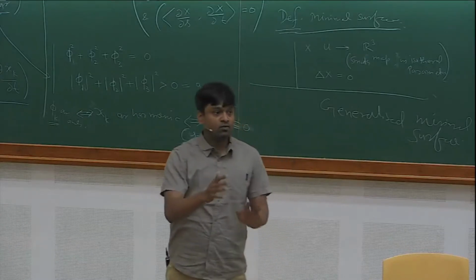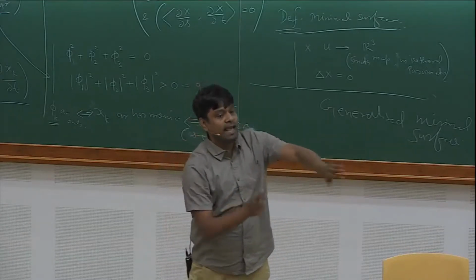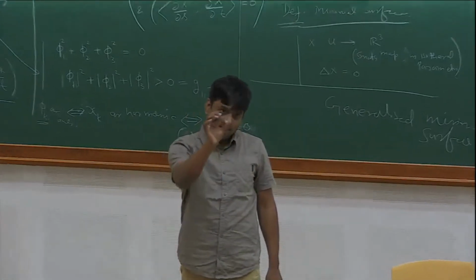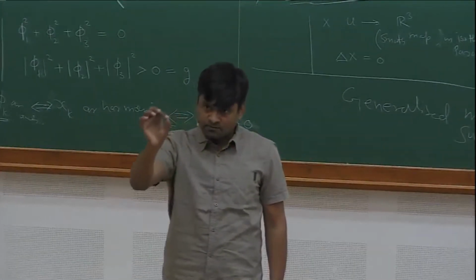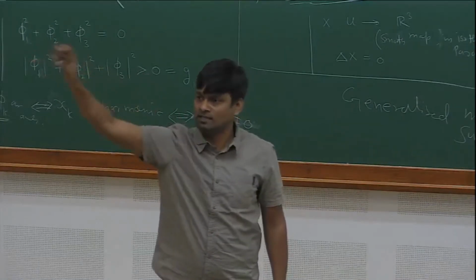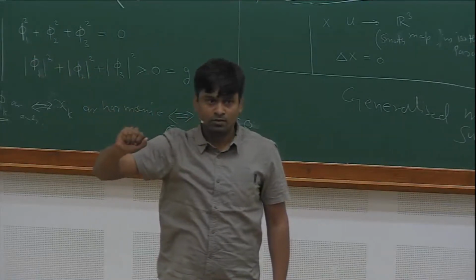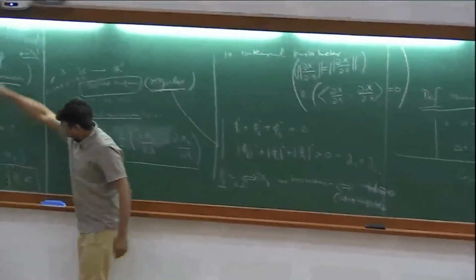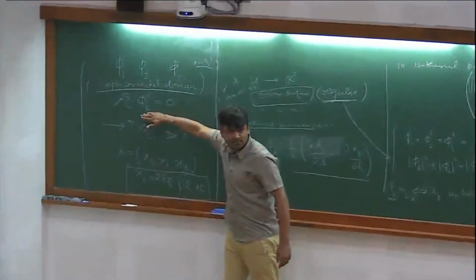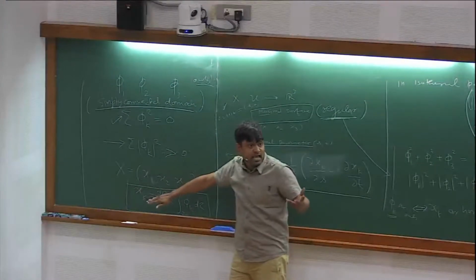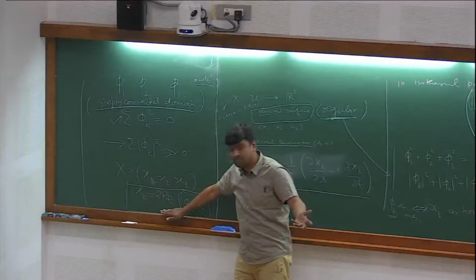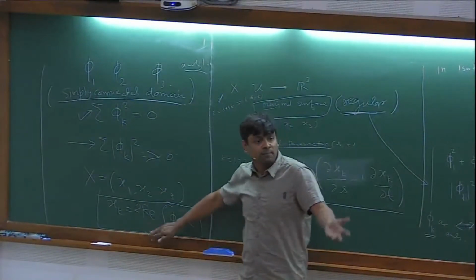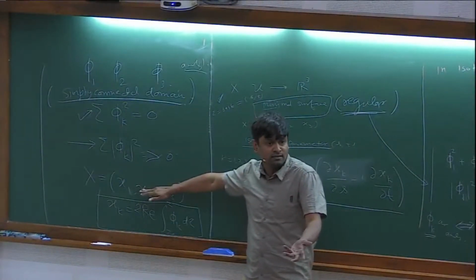Now if you want to relax the condition, suppose I start from a map X from some open subset of C to R3, and those phi k satisfy these conditions. But I did not start from a simply connected domain, so this integral may not make sense. So put one condition: suppose this integral makes sense.